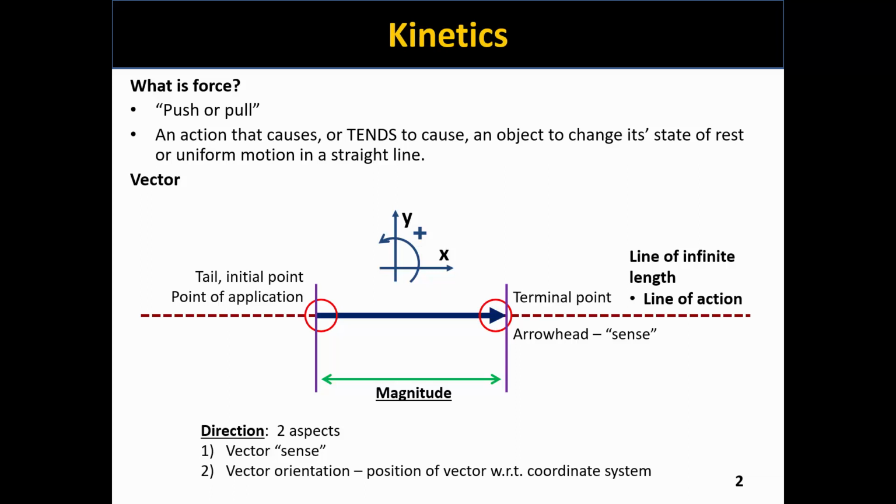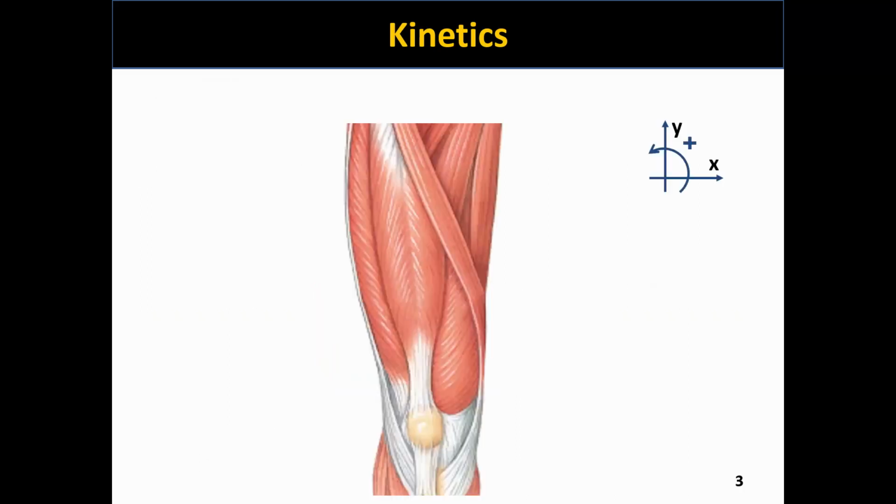And to understand vector orientation, we analyze the vector on the backdrop of a coordinate system, and that's why it's always important to have a coordinate system somewhere in the vicinity of the vector to give that vector the proper orientation.